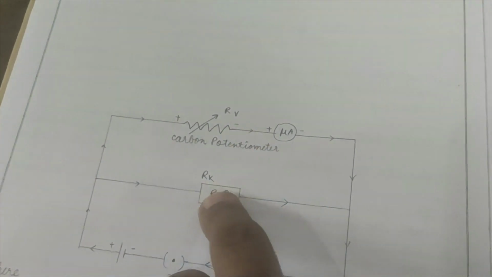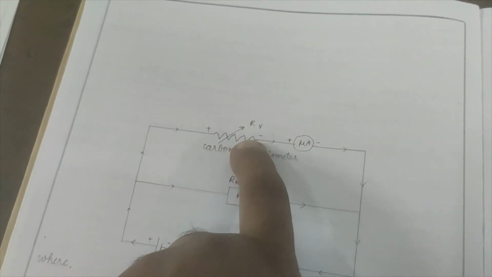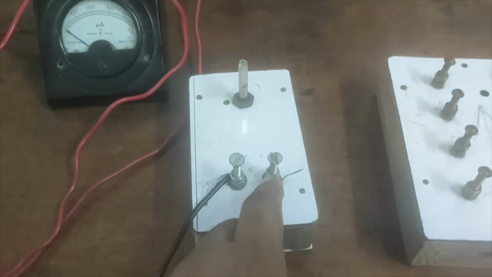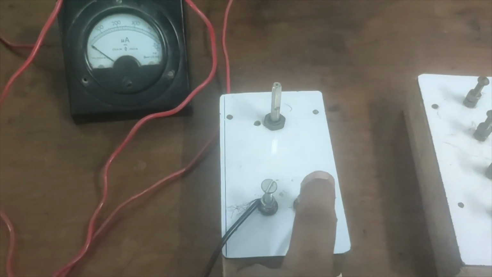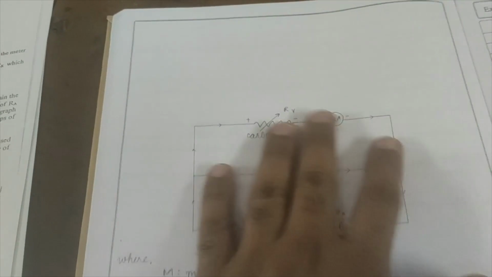Then the positive goes to the negative of the carbon potentiometer, which is the other connection of the carbon potentiometer. So this is a very simple connection.